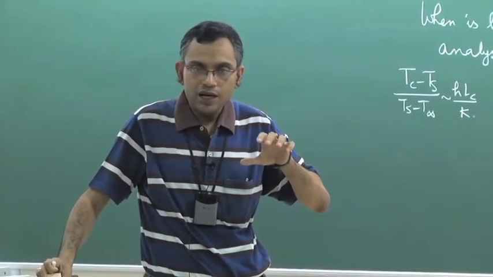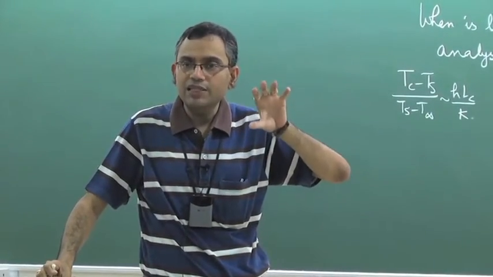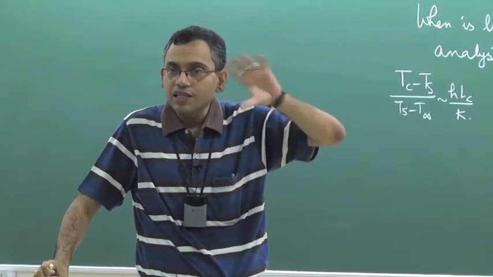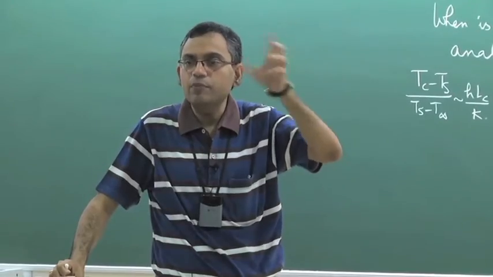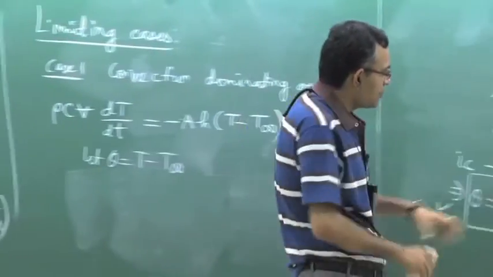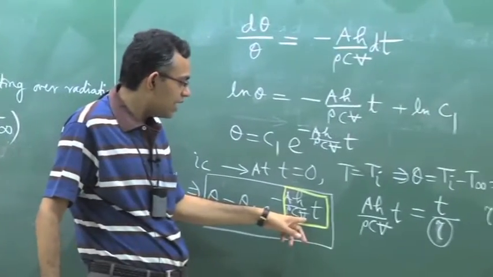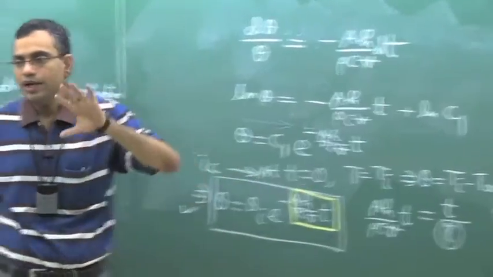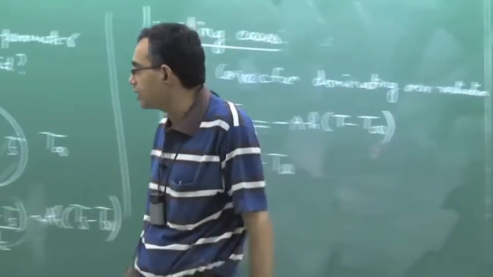So typically the characteristic length scale is a length that describes the physical change or the change of temperature within the body. So you can see that in this expression the characteristic length comes out to be volume by area. So you can take volume by area as the characteristic length.